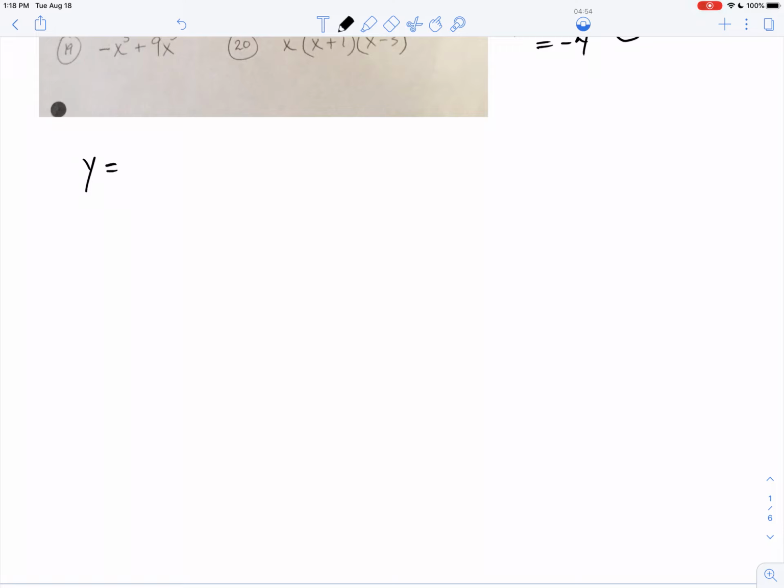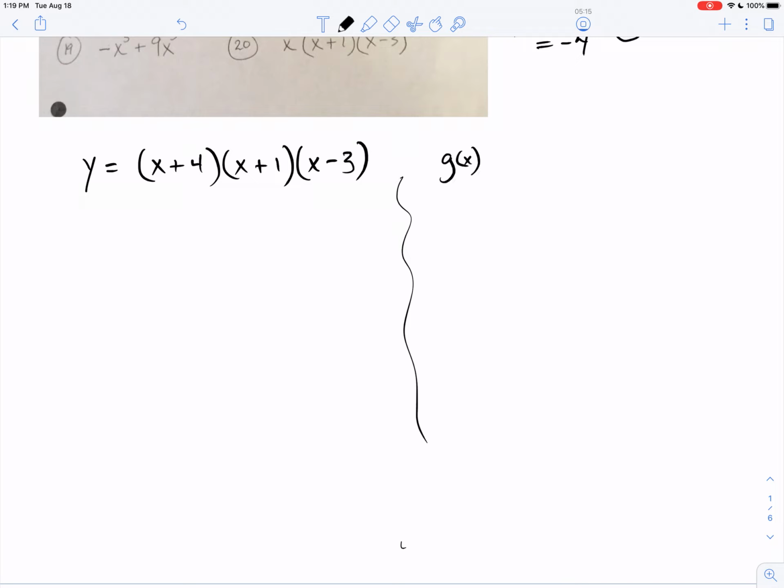I'm going to say y equals, and this one I'm going to do this guy right here. That's my first one. Then I am going to do one next to it so we can compare it. This time I'll call it g of x. What the heck? Got to call it something. And I'm going to do something like this.